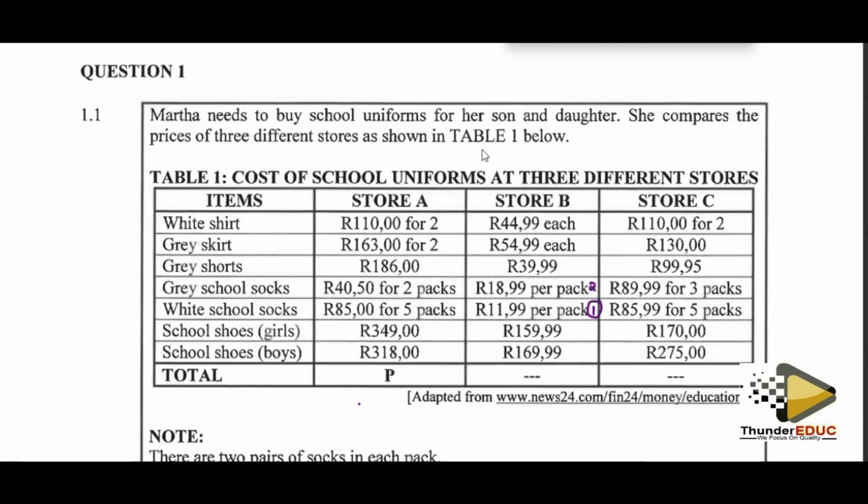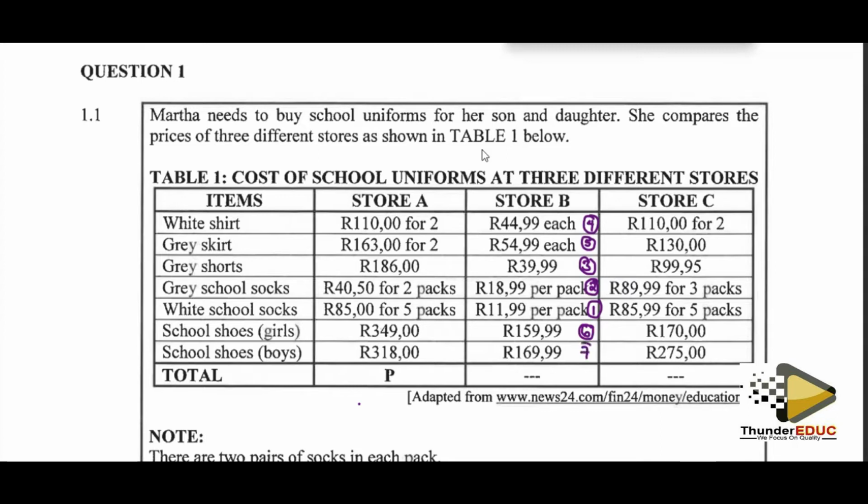Then 18 rands 99 cents, then 39 rands 99 cents. Number 4 is 44 rands 99 cents. Number 5 is 54 rands 99 cents. Number 6 is 159 rands 99 cents.